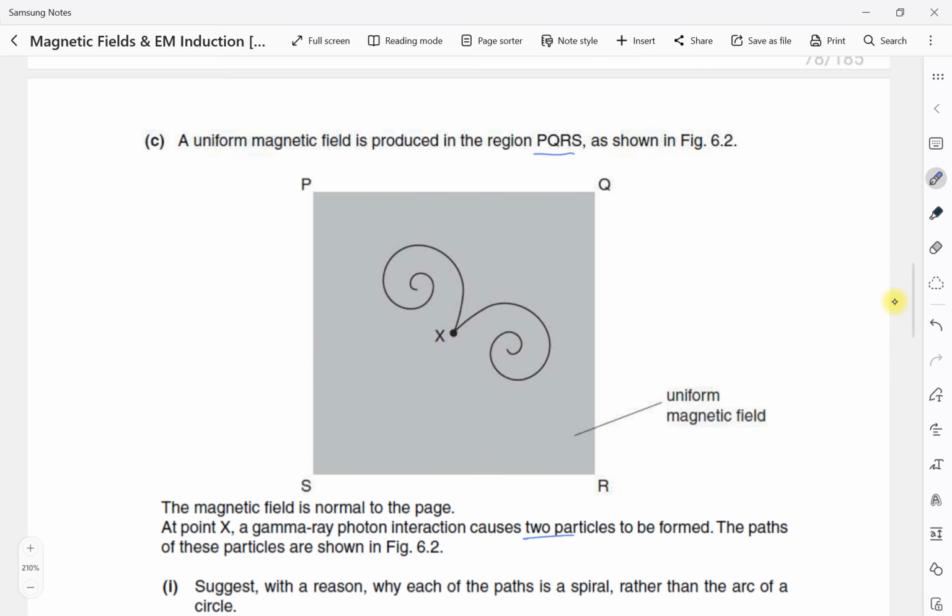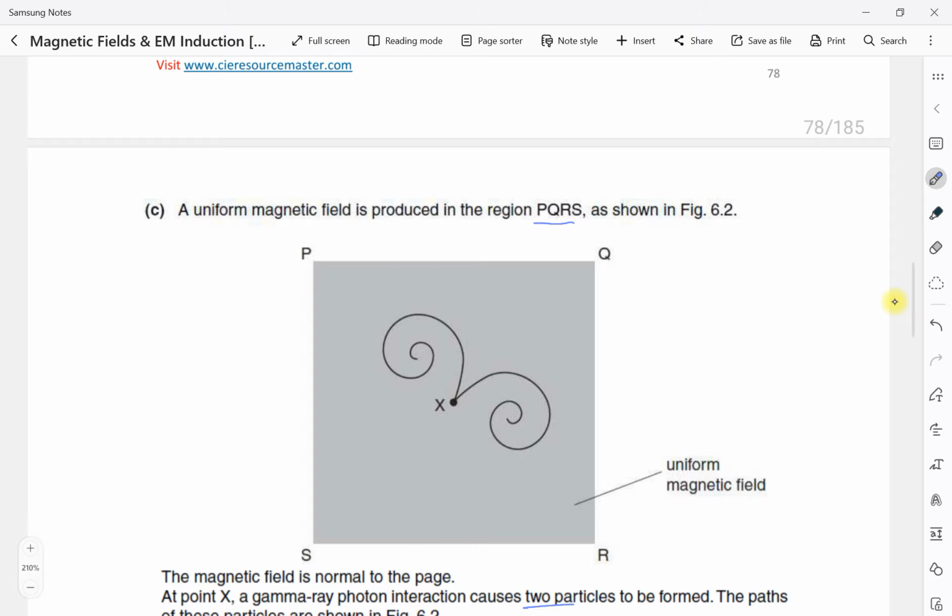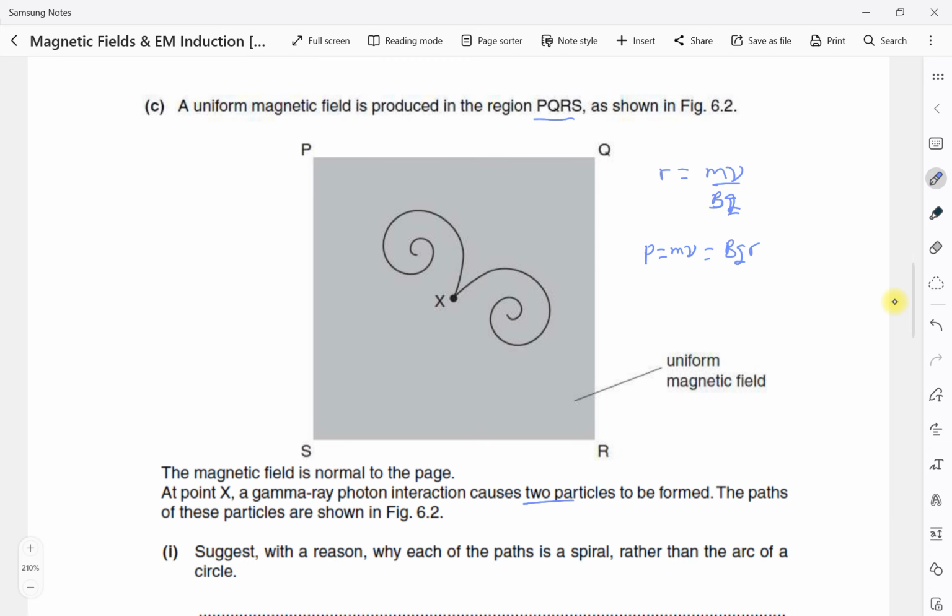And of course, we know from the previous equation that radius equals mv divided by Bq. We have seen that above, and we know that mv is momentum. So it means that momentum, which is mv, equals Bqr. If the path is a spiral, it means the radius of the path is decreasing, and the decrease in radius is suggesting that there is a decrease in speed or a decrease in momentum of the particles.